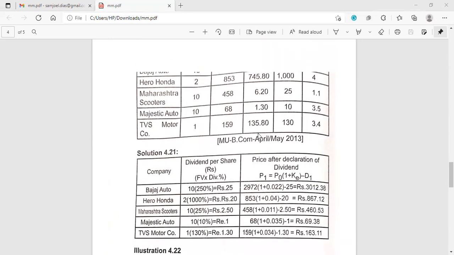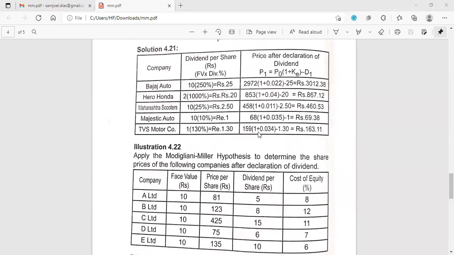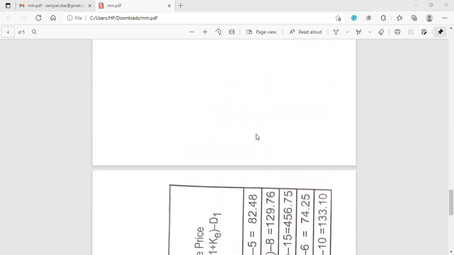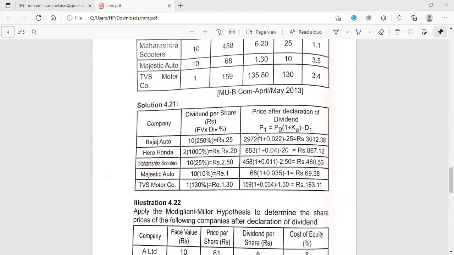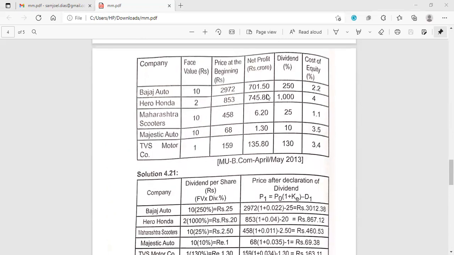Now first we are supposed to calculate the dividend per share. See here, dividend per share is not straight away given, they have given it in percentages. Formula you know: P1 = P0(1 + KE) - D1.